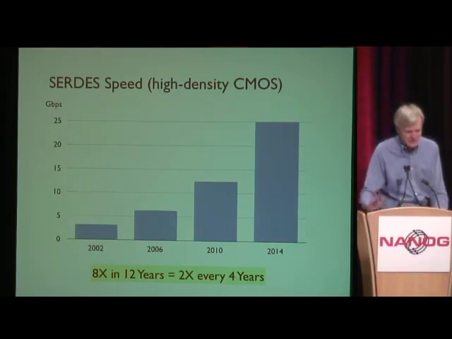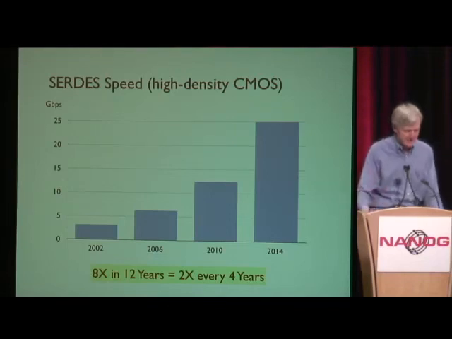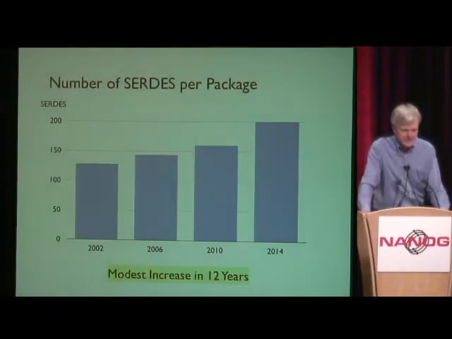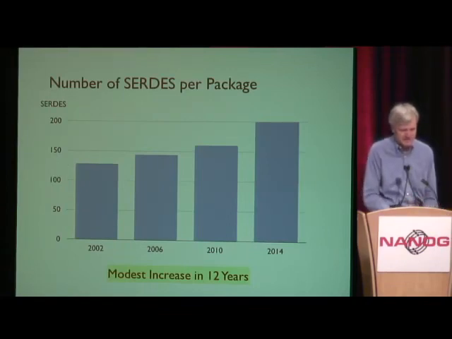So there has been progress, but it's only about double every 4 years, which is half the speed of Moore's law improvement. And on the packages per se, or how many SerDes people have managed to put on a chip, we had chips with 128 10 years ago, and now people are pushing maybe 200. So there's been some progress, but it's very, very modest.